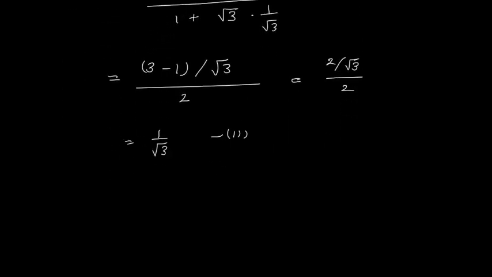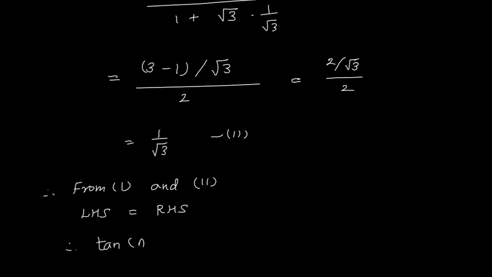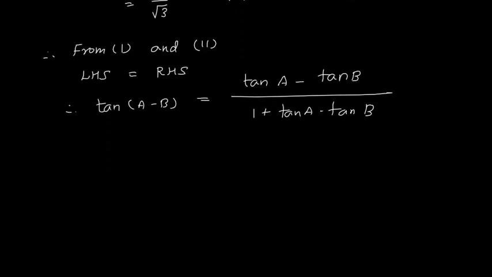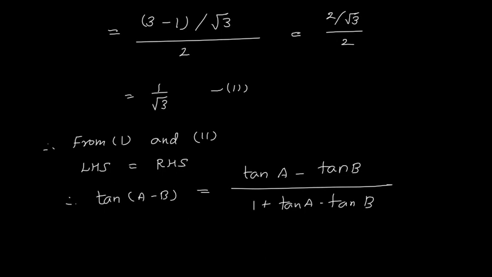Therefore from 1 and 2, LHS is equal to RHS. Therefore tan A minus B is equal to tan A minus tan B whole divided by 1 plus tan A into tan B. Simple? Yes? Okay. Fine.